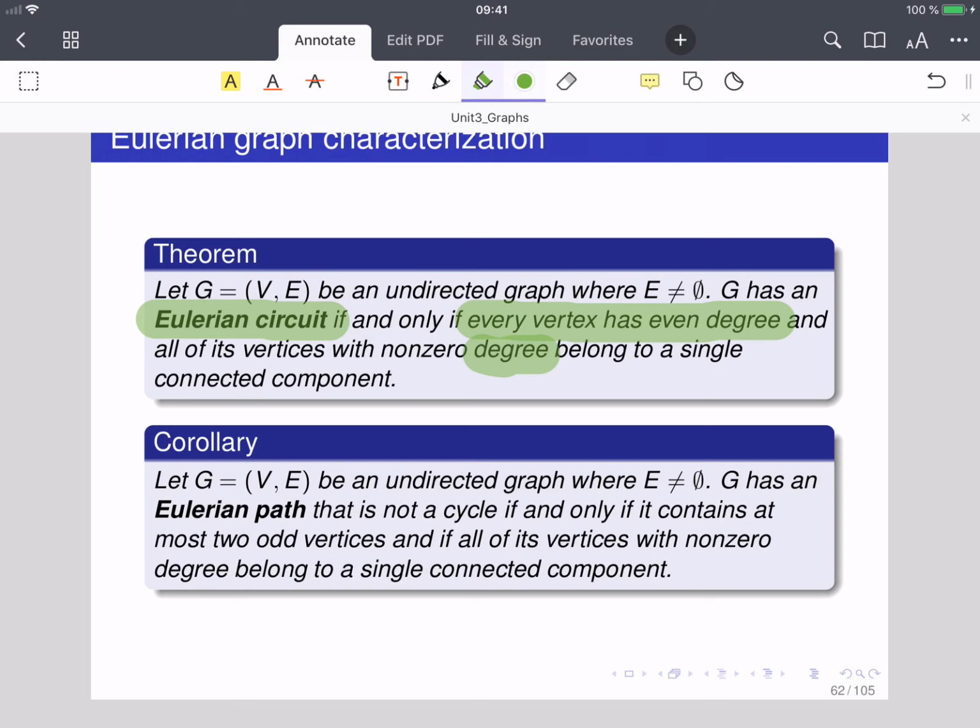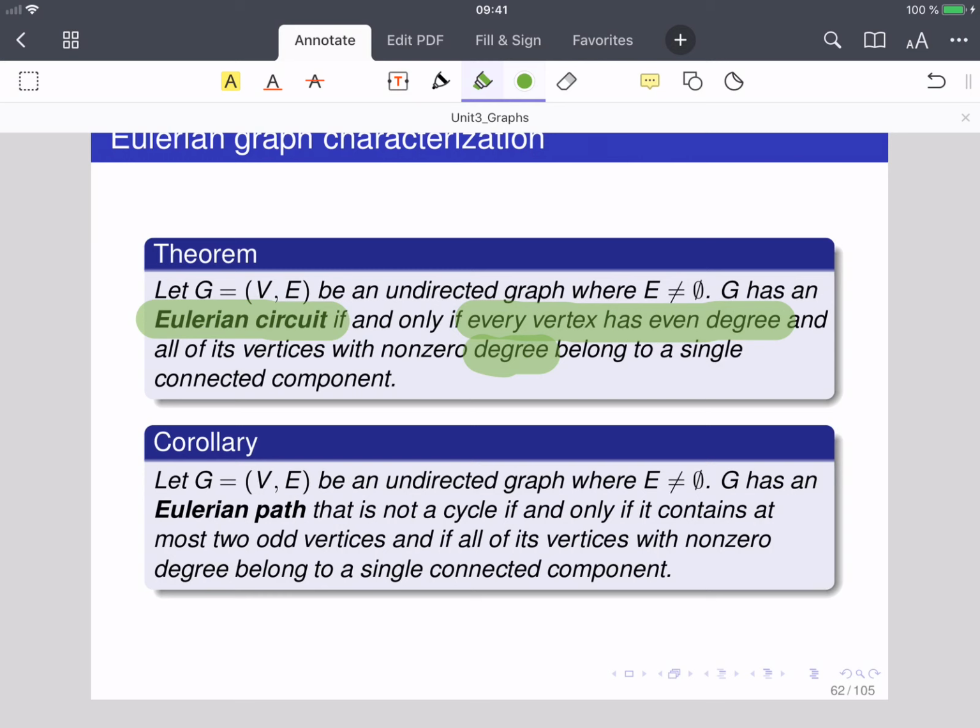I'm going to give you an idea of the proof in a minute, and I'm going to give you an algorithm to find this cycle afterwards. But first, let me give you a result that follows directly from this theorem.